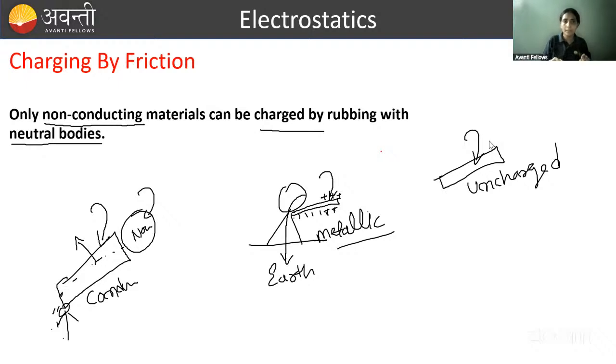But yes, whatever charge got developed on the non-conducting during the process of rubbing, that charge will stay on the non-conducting. That is why I said only non-conducting material you can charge by friction, otherwise you cannot. That was my point.